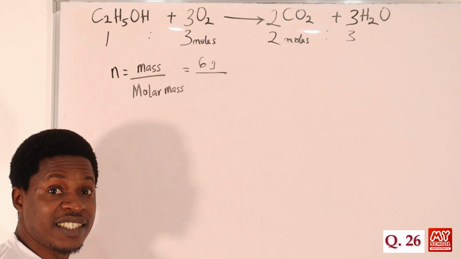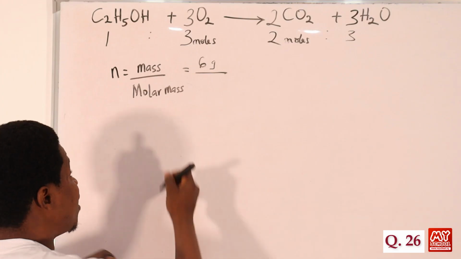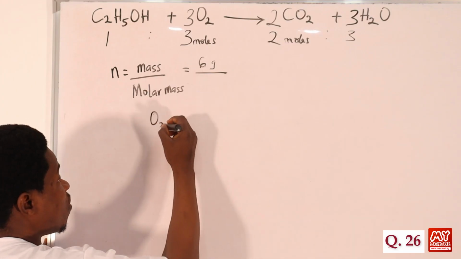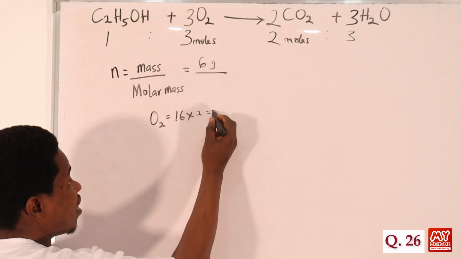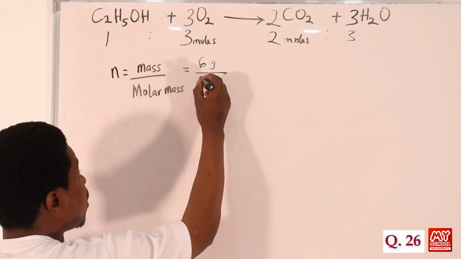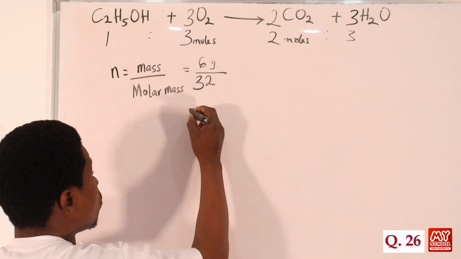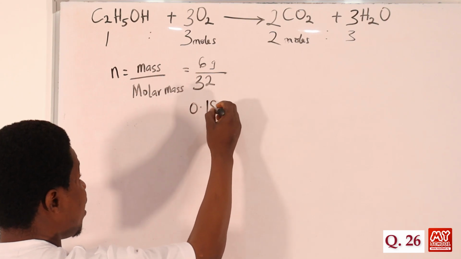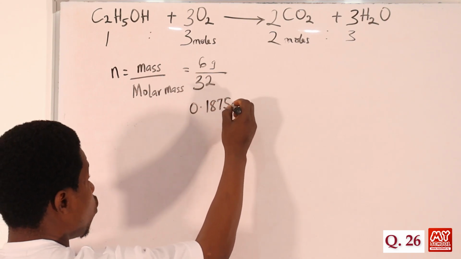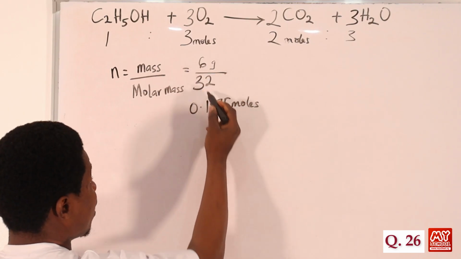Oxygen is 16, but because it is a diatomic gas, O2, we will not just have 16; it will be 16 times 2, so that's 32. So the molar mass of oxygen gas is 32. So 6 divided by 32 gives us 0.1875 moles.